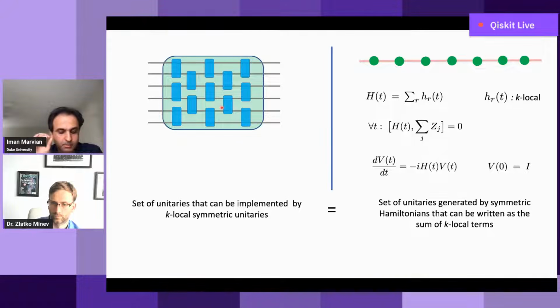Also, let me mention that here I'm using the notion of k-local gates, so there is no geometry. These k-local operations can couple any k qudits together. But you may think that imposing a stronger notion of locality, geometric locality, may change the problem.